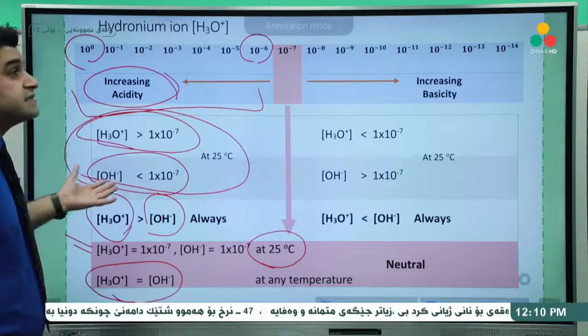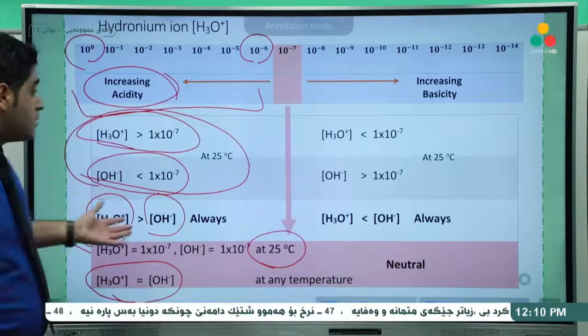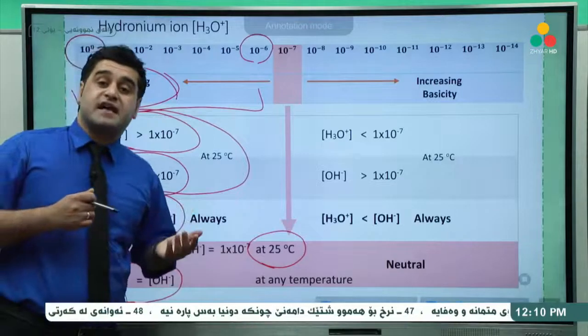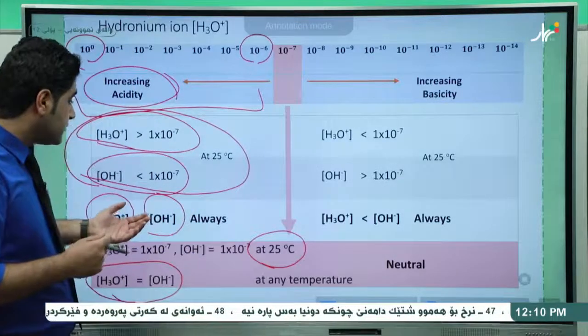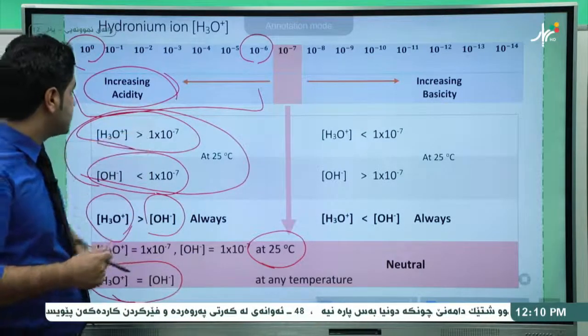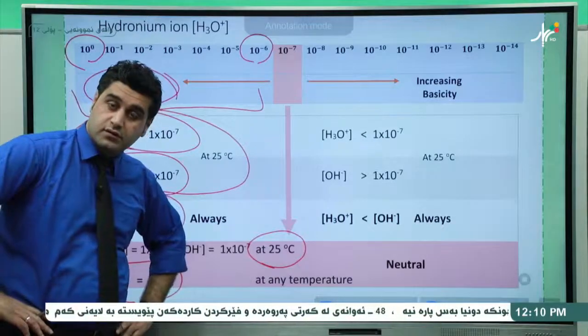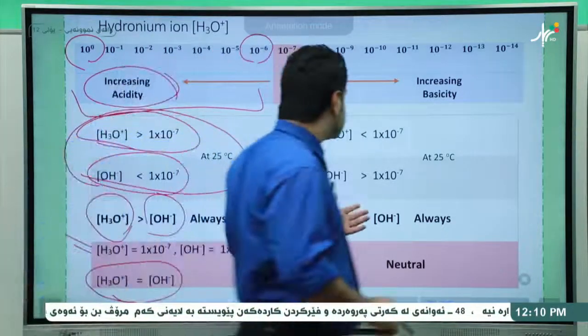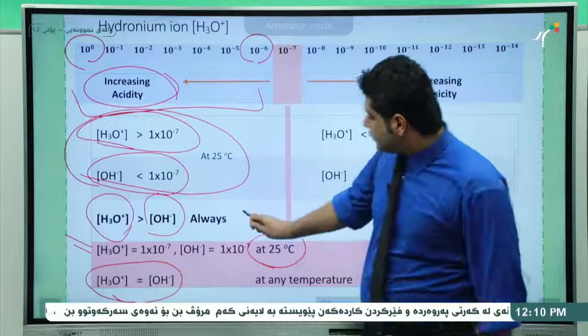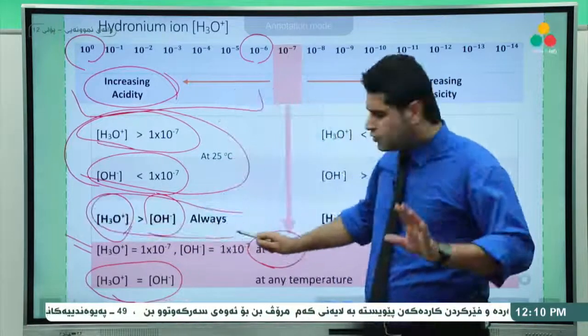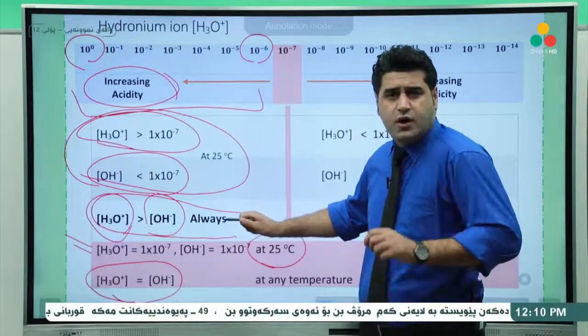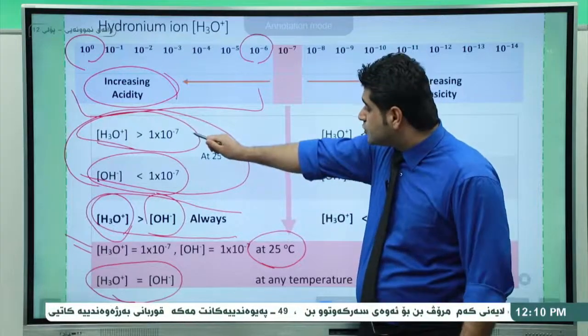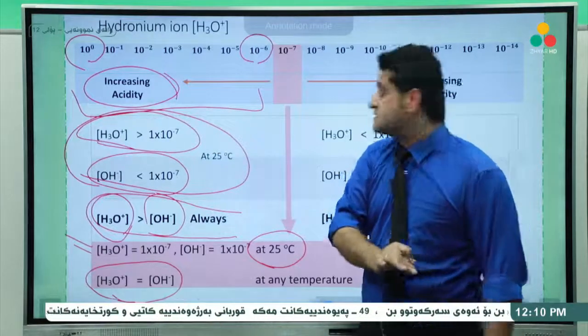So now I understand something, teacher. When we mention 25 degrees Celsius, we have to mention 1 times 10 to the negative 7 for H3O. But the other information is always true, including at 25 Celsius degree.